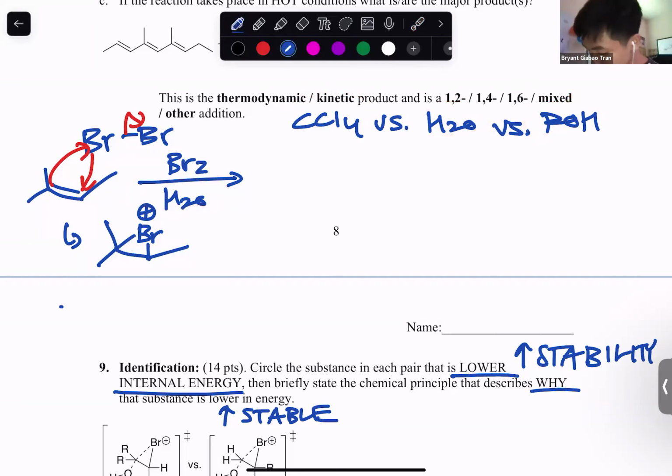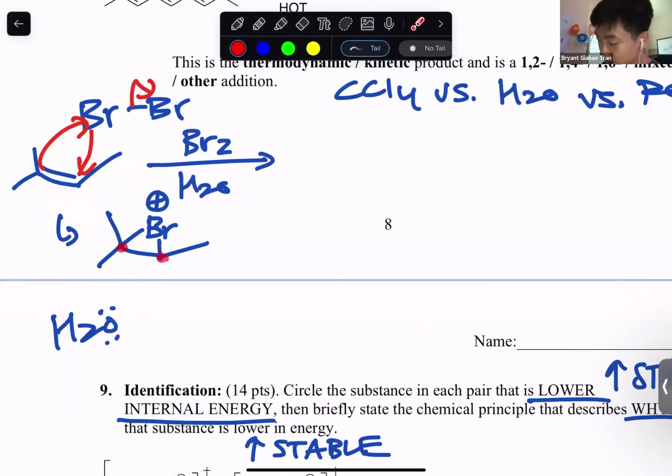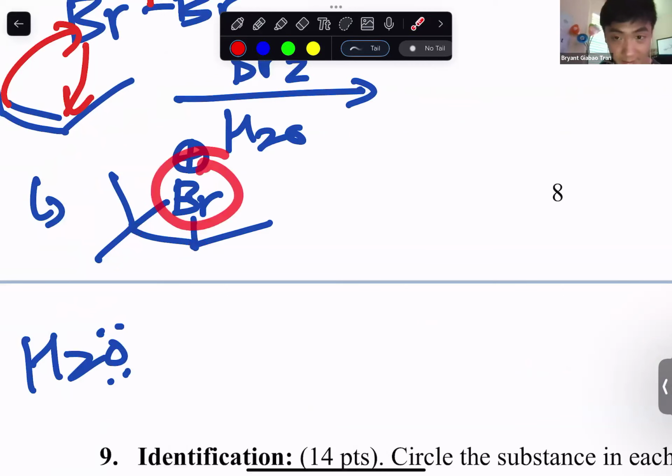And do you guys remember where water prefers to attack in the bromonium ion? Does it prefer to attack the more substituted or the less substituted? More substituted, right? And the way you can think about this is an SN1 reaction. Imagine that this is a good leaving group right here, which it is.